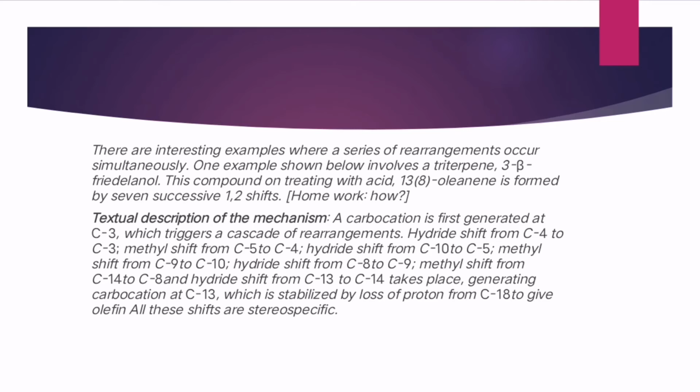There is an interesting example where a series of rearrangements occur simultaneously. One example shown below involves a terpene, 3-beta-friedelanol. This compound, on treating with acid, gives 13(18)-oleanene, formed by 7 successive 1,2 shifts.